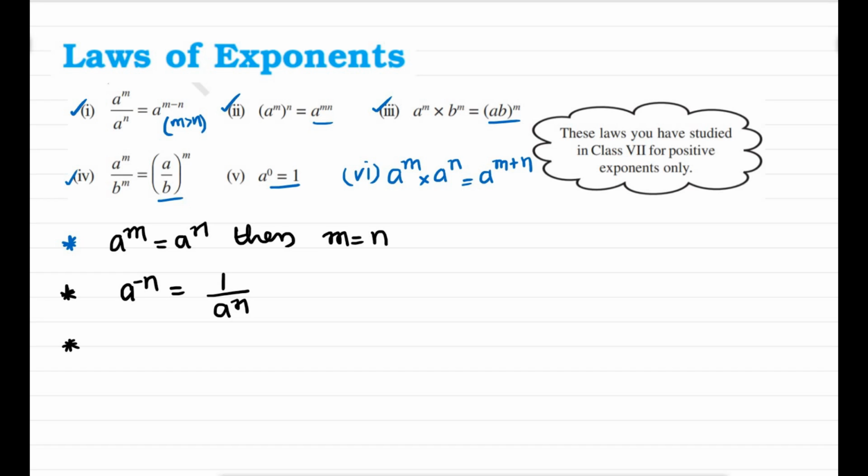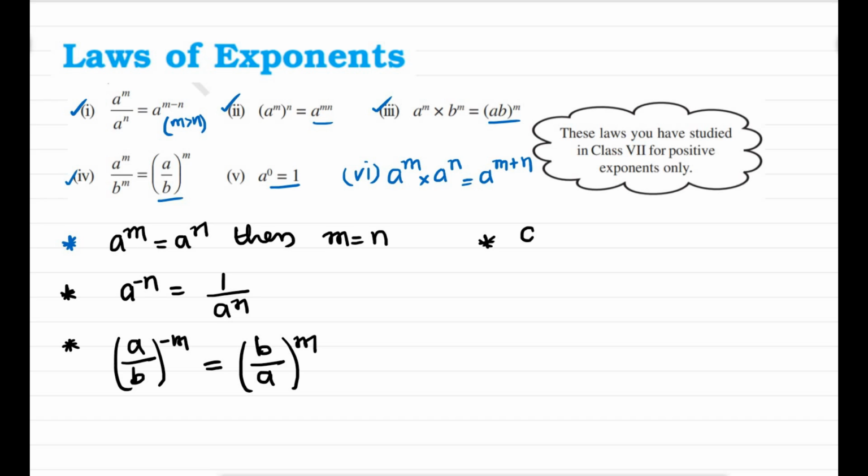So the next one, we can use this formula vice versa, and a by b whole power minus m can be written as b by a whole to the power of positive exponent m.